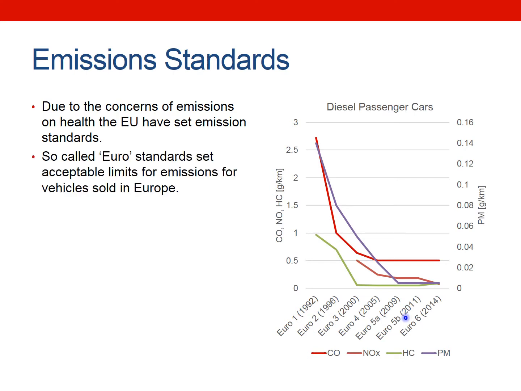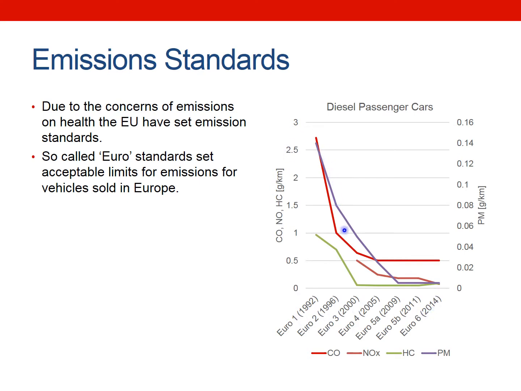You may have heard of the so-called Euro standards. These are tests that set the limits for the acceptable levels of emissions on vehicles sold in Europe, and they're the so-called Euro 1, 2, 3, 4, 5, 6, etc. They started in 1992, and we're up to Euro 6 now in 2014.